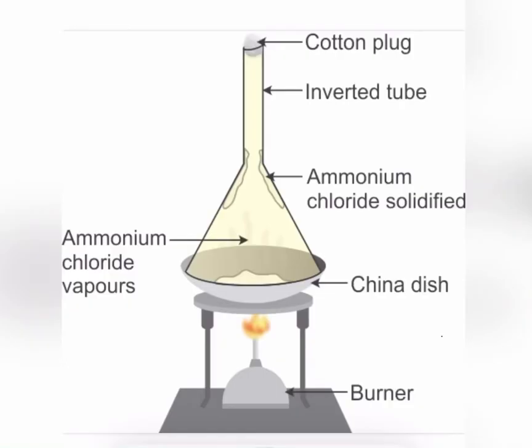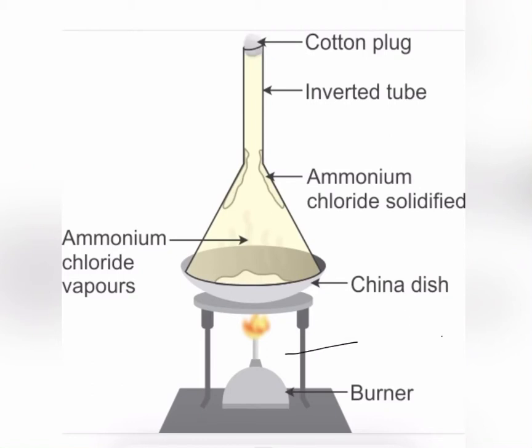If there is a mixture in which some substance can sublime on heating, let's suppose ammonium chloride is mixed in sand and you have to separate it, then the sublimation process is done. In this process you take the mixture of ammonium chloride and sand in a china dish, and it is heated by a spirit lamp.